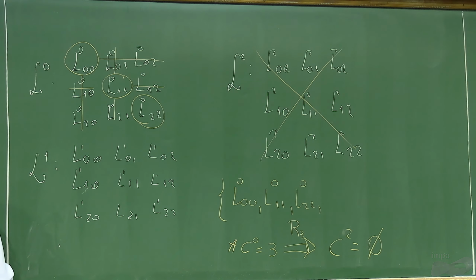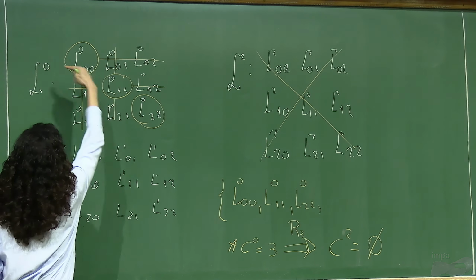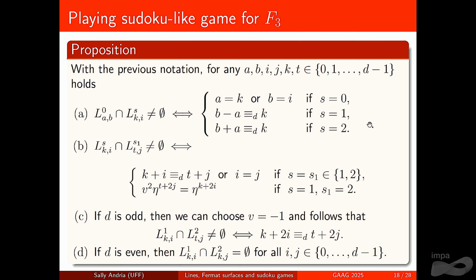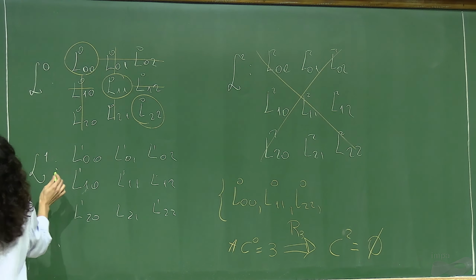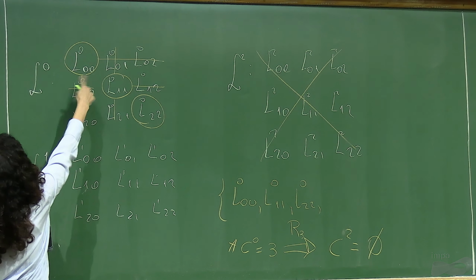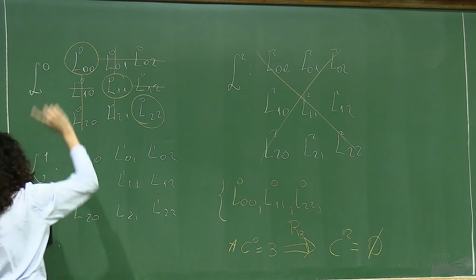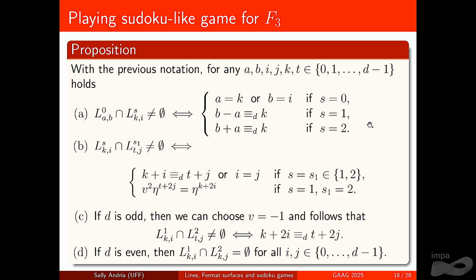But looking at this set now, we have to choose skew lines, comparing with this choice. When we look at the proposition, we saw that taking one line in L0 and another one in L1, the subtraction of the indexes should not be equal modulo 3 to the first one of this set.